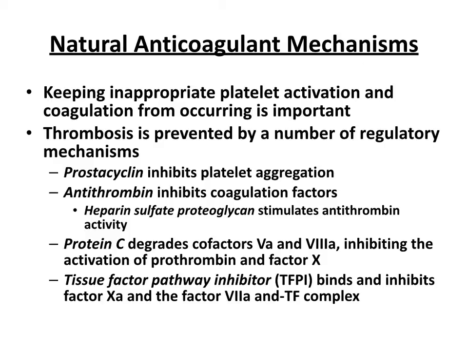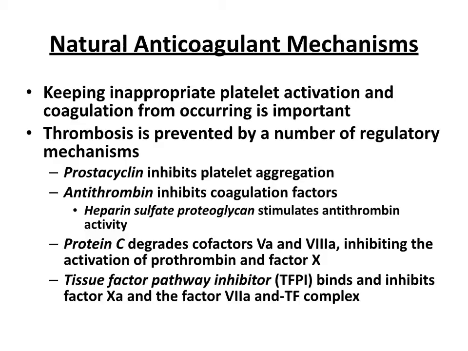So thrombosis is prevented by a number of regulatory mechanisms that are just endogenous mechanisms. Prostacyclin inhibits platelet aggregation, and we're going to go over the production of prostacyclin in about a week when we talk about eicosanoids. Okay, antithrombin, which is a drug target. You absolutely have to know antithrombin.